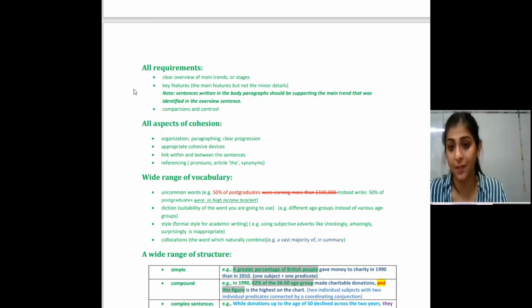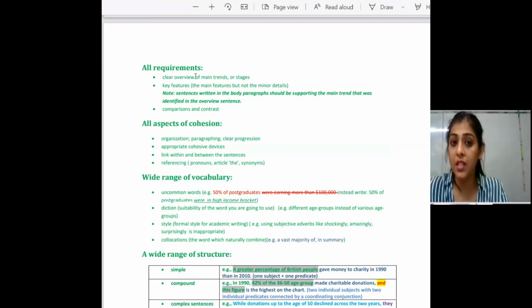Now, overview is about the main trends, and trends are not the highest figure or the lowest figure. So keep that in mind. Main trends are like, for example, in which way the figure has risen or fallen. So overview is about the trends.